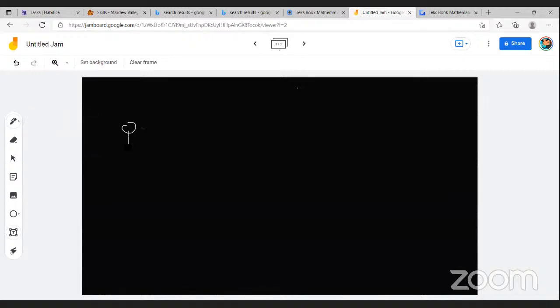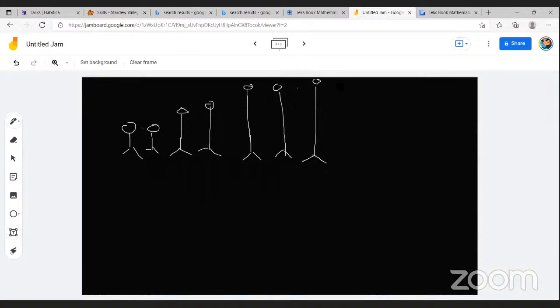We have the two shortest, two really short ones, two a bit taller, and then two that are even taller, and some that are even taller.